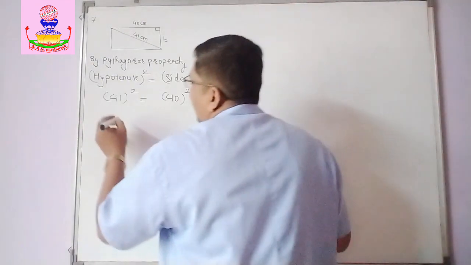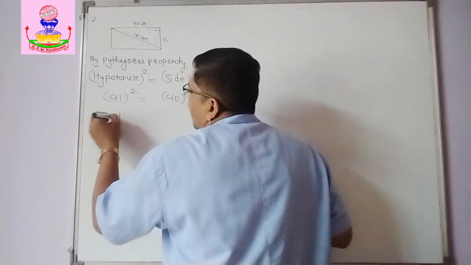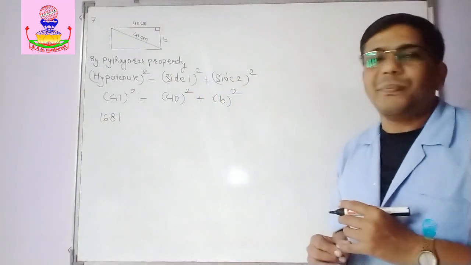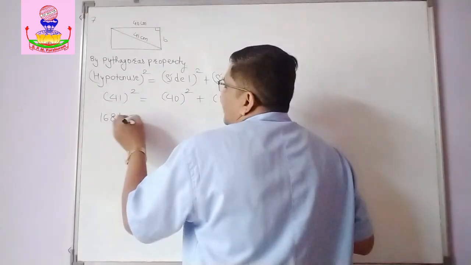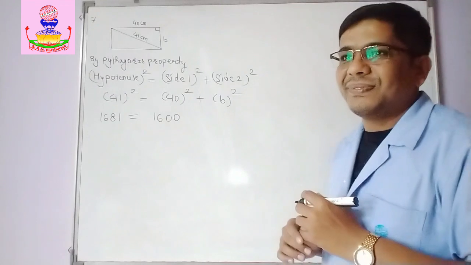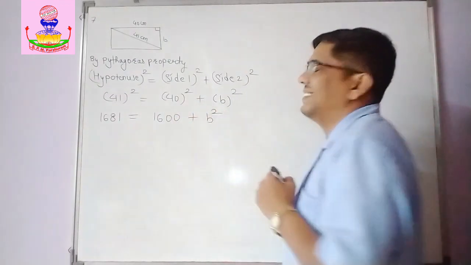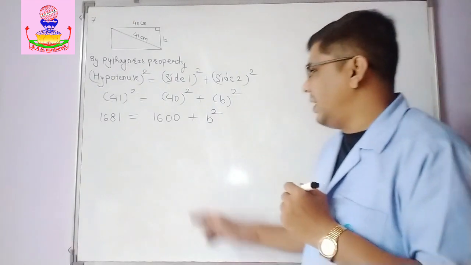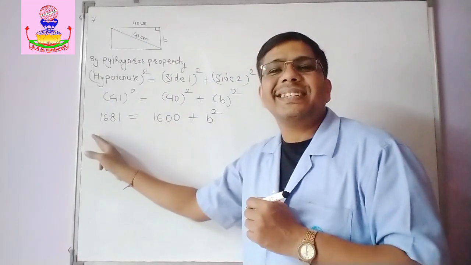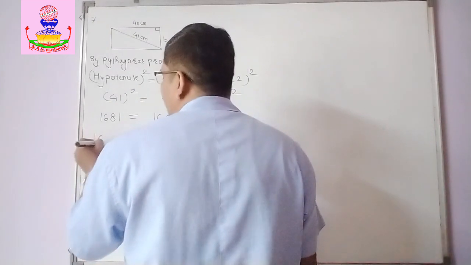Now 41 square, what it will be? 1681. Okay, and 40 square 1600. Okay, and plus B square. Now I want to find B. So take this to this side. So when it comes to this side, yes, it will become minus.